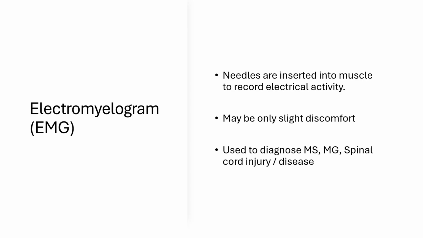So myelo stands for muscle, and it can be uncomfortable, but usually mild, and it's used to diagnose neuromuscular disorders like multiple sclerosis, ALS, spinal cord injuries. So think when you see EMG, electricity into muscles.